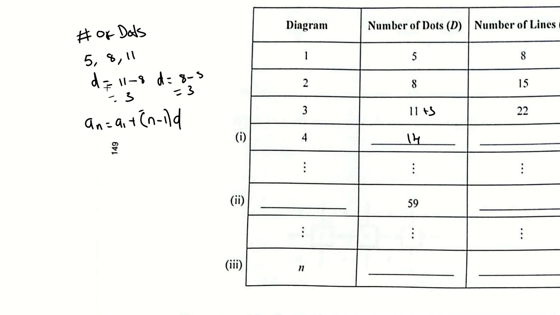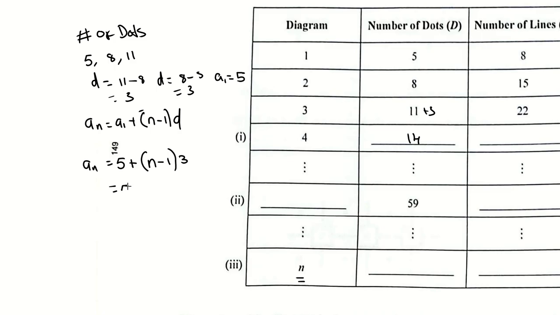So we know that D is 3, and what is A1? A1 is our first term in the sequence, which is 5. So we know that your nth term is going to be 5 plus open bracket n, because we're looking at the nth term, minus 1, times D. Instead of D, you put in 3.